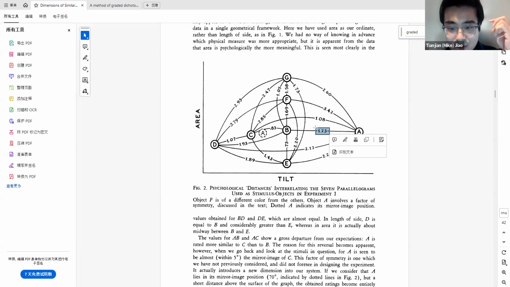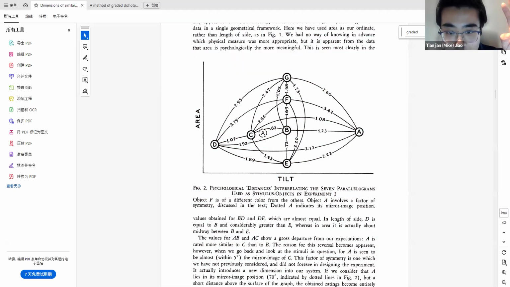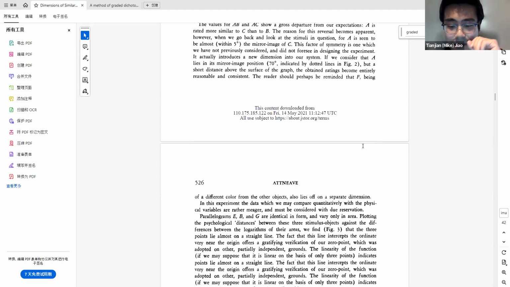We add up the 1.23 and the 1.05 between B and G. So that should be our final total similarity. In this case, the total similarity between A and G is 2.6. So we add up 1.23 and 1.05, and the result should be 2.28, which is quite similar to 2.6.